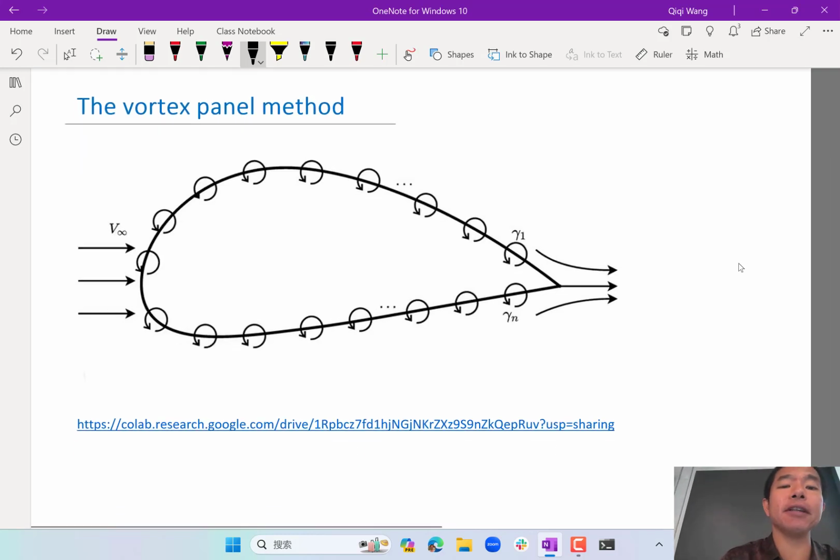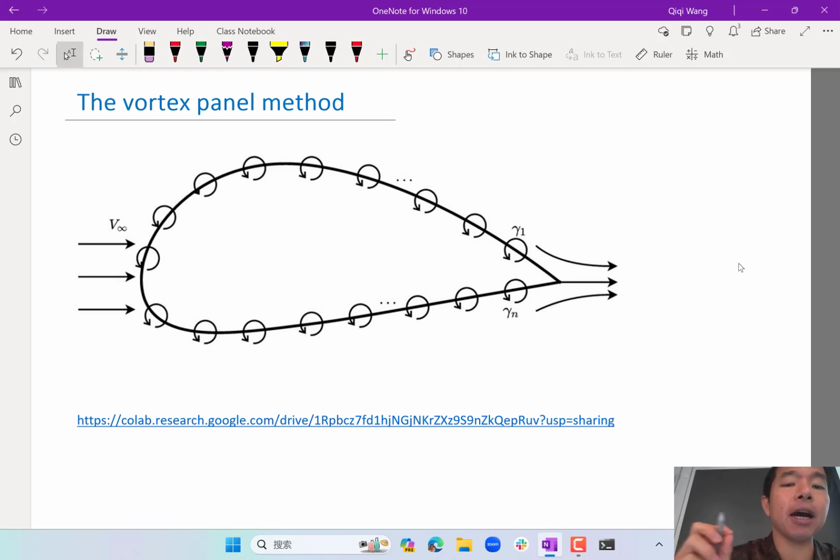Let's first think numerically about the effect of one of the vortices on other locations of this airfoil. Let's imagine we number all of these vortices gamma 1, etc., all the way to gamma n.